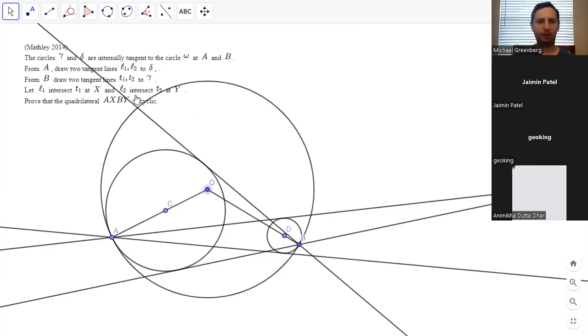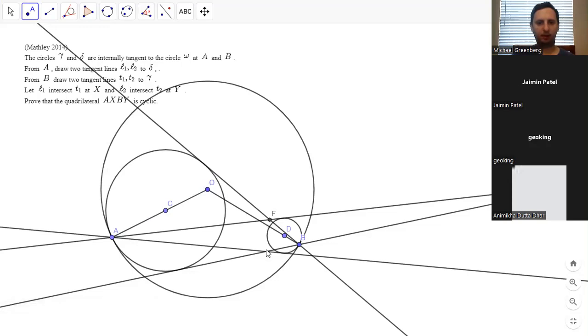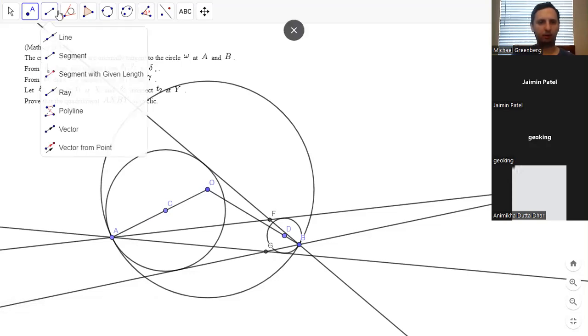It looks like it might be a circumscribed quadrilateral, like ABXY. Maybe they meant to say it's circumscribed.